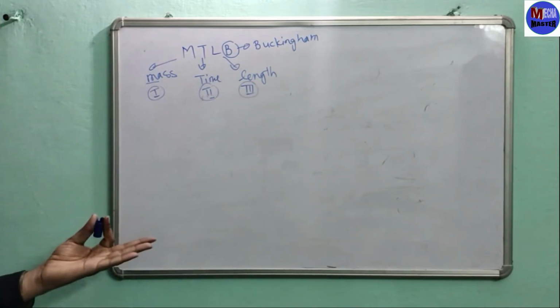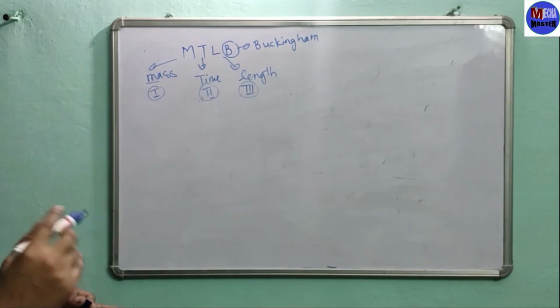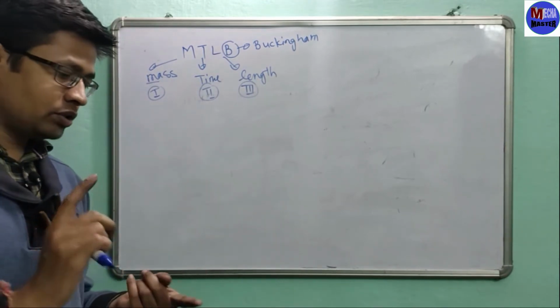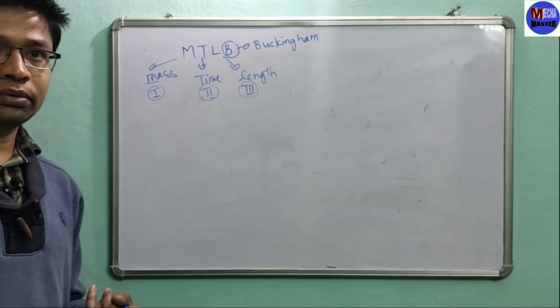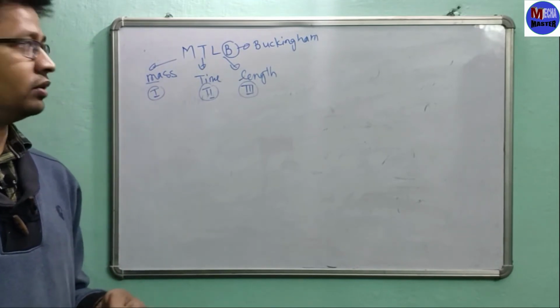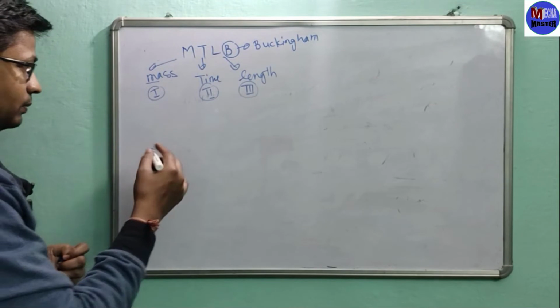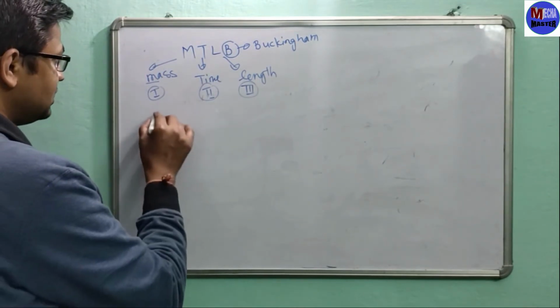Why am I telling you? Because unit is very important. On the basis of unit, we can easily recognize which quantity is the kinematic quantity, which is dynamic quantity, and which is geometric quantity. Suppose what is the unit of discharge?